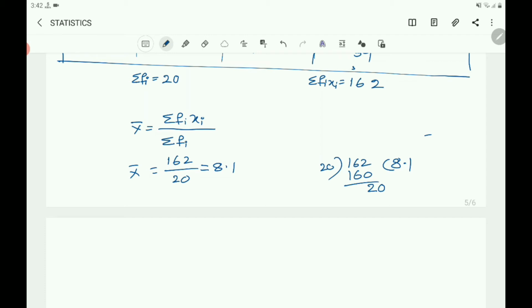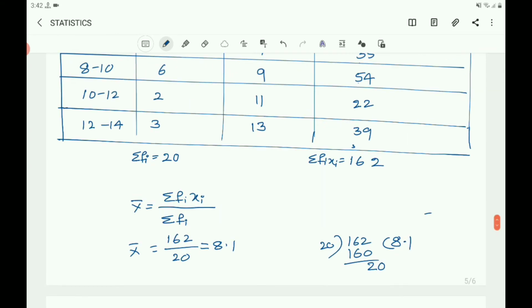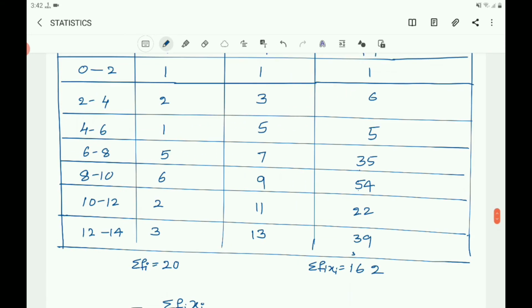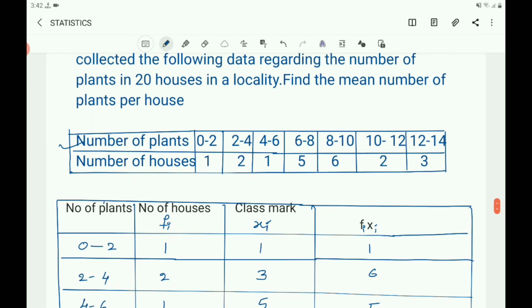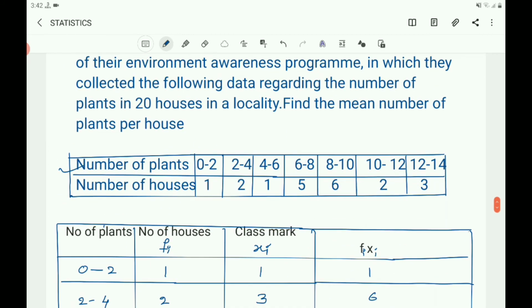That is the mean number of plants. We used the direct method to find the mean number of plants per house.